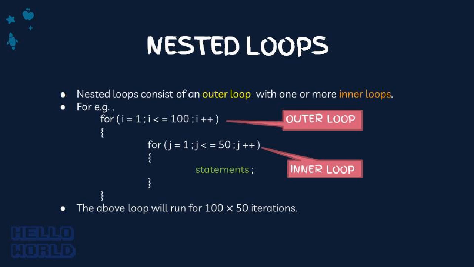Open another brace and write the statements inside the inner loop. After the statements, close the inner loop first, then the outer loop. The above loop will run for 100 into 50 iterations.